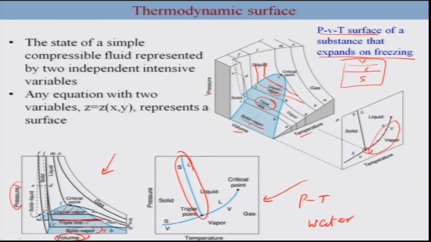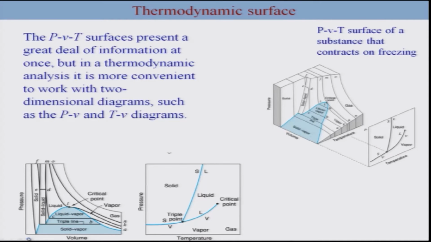Thus many times or usually we don't go for three-dimensional diagrams, rather we prefer two-dimensional diagrams. You can also use the same thing for substances which contract on freezing, which you can more easily understand from the PT diagram, where the slope for the solid-liquid coexistence line is positive.